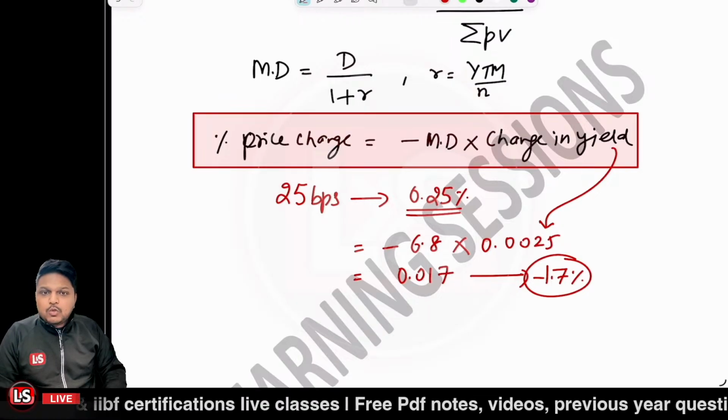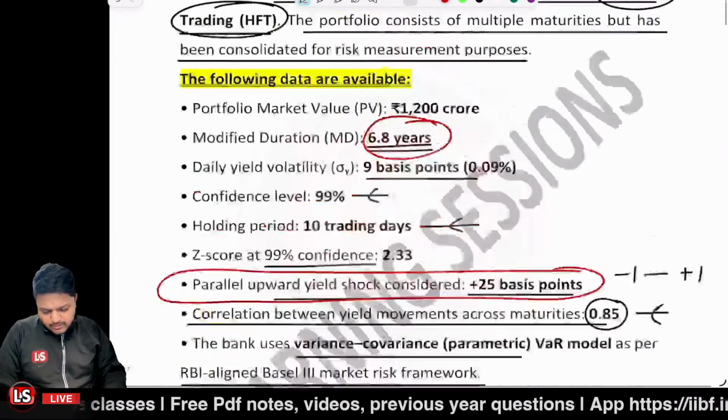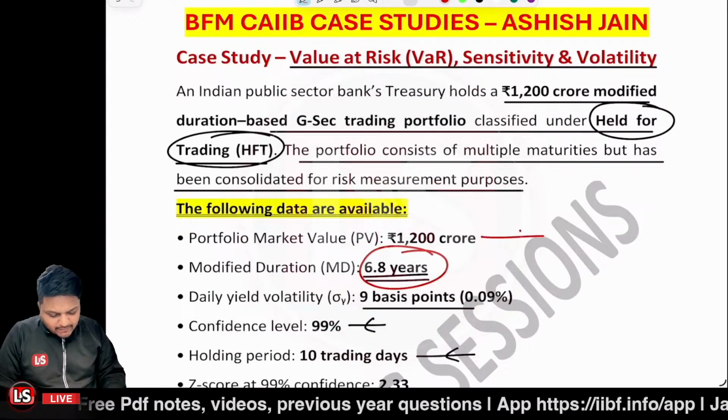So the loss would be equal to what? The portfolio size is 1200 crores. It is given in the question that the portfolio market value is 1200 crore.